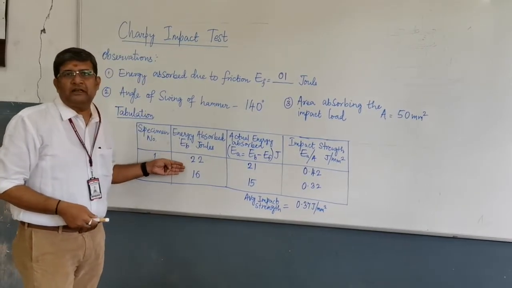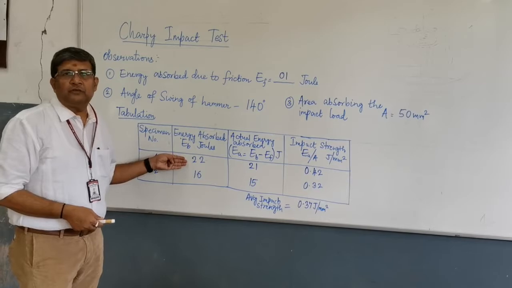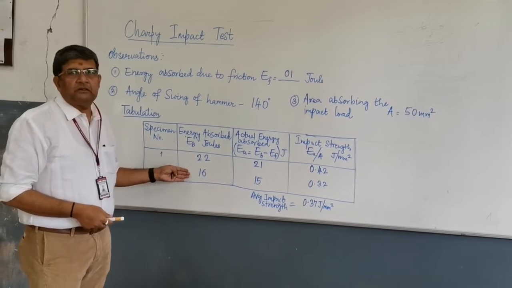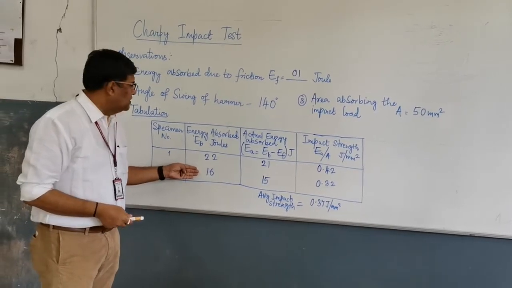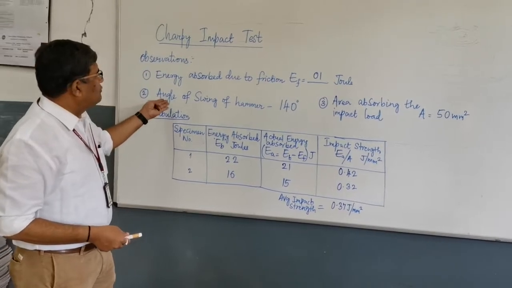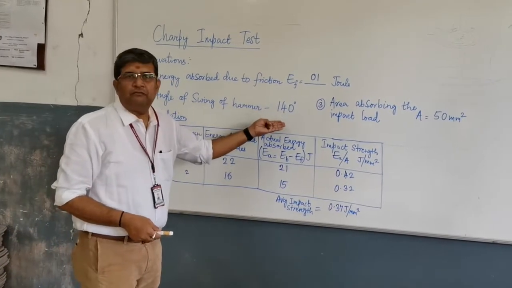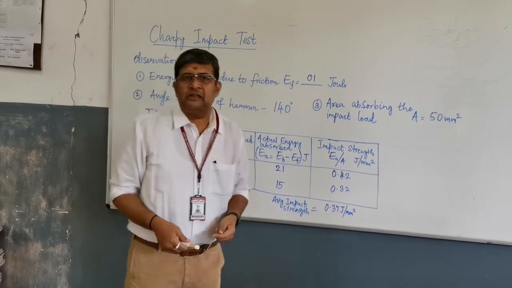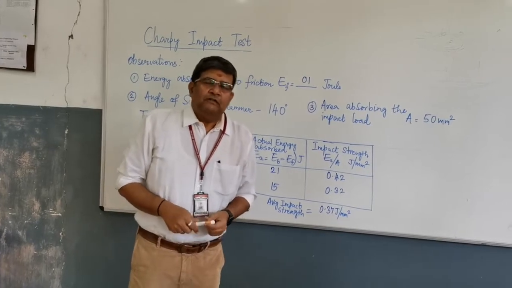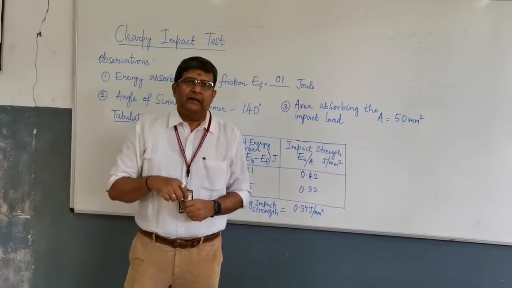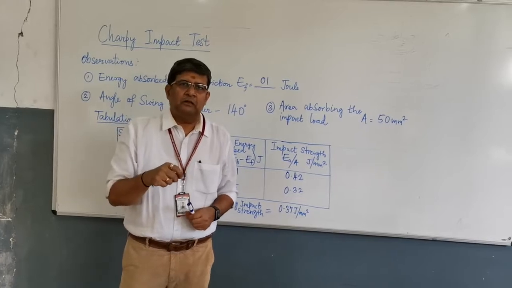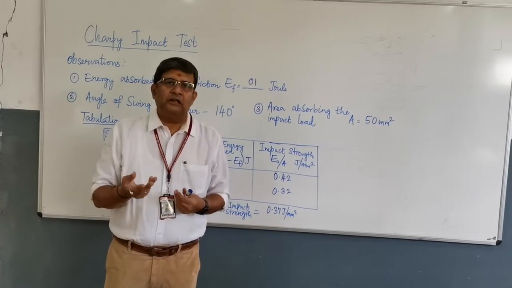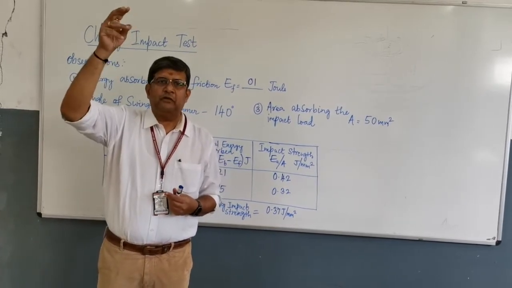For example, you can see that for specimen number 1 it is 22 joules and for specimen number 2 it is 16 joules. The angle of swing of the hammer in this case is 140 degrees, while in the case of the Izod test it was 90 degrees. Which obviously means that by the time the hammer strikes the specimen, it will contain more energy because it has been released from a greater height.